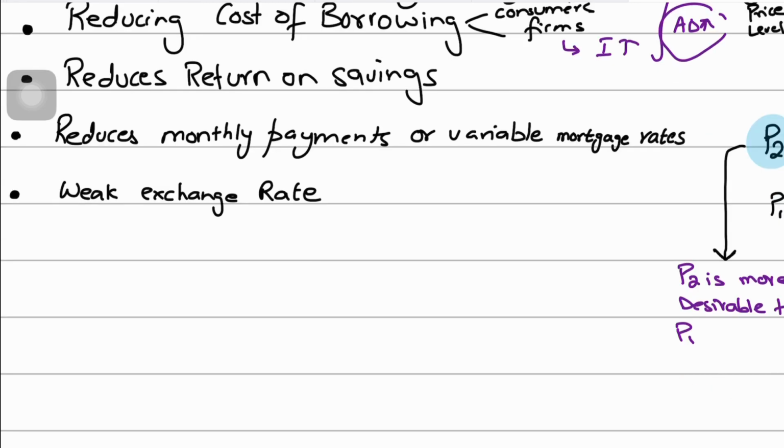And thirdly, there's another channel through which consumption would go up. A lot of times people have taken mortgages, which are basically house loans, and at times they have variable rates of mortgages. So a cut in interest rates will reduce the monthly payments for those who are on variable rate mortgages.